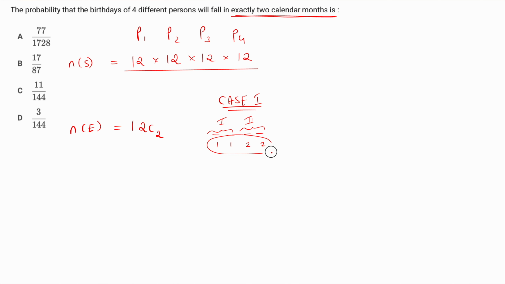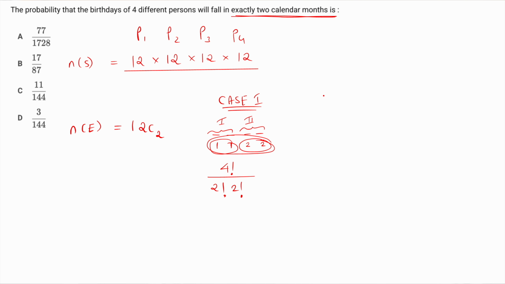These are 4 objects, which can be arranged in 4 factorial ways, out of which 2 are alike of one type, so divided by 2 factorial, and 2 alike of the second type, divided by 2 factorial. So these many ways of assigning the birth months to these 4 people, given that exactly 2 people have the first month as the birth month and exactly 2 other people have the second month selected.